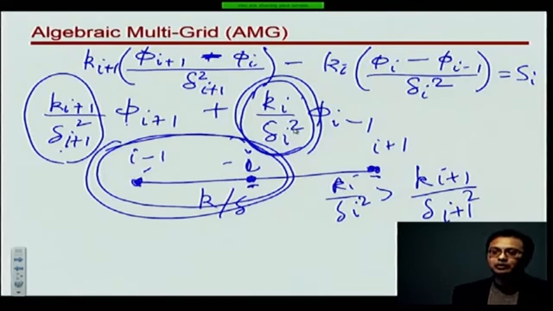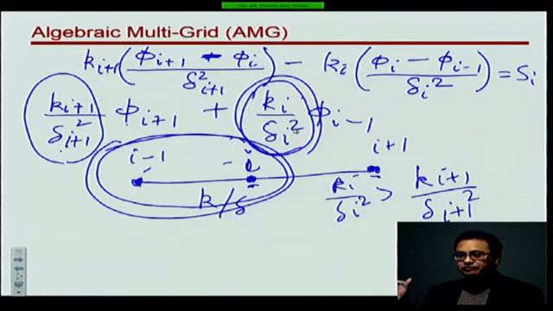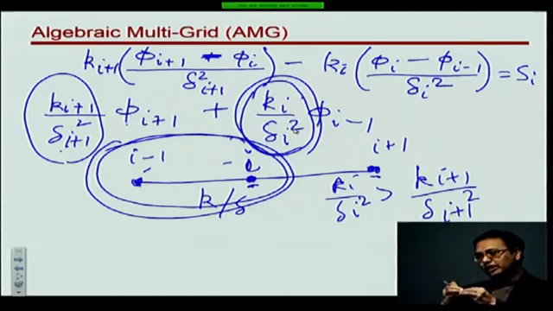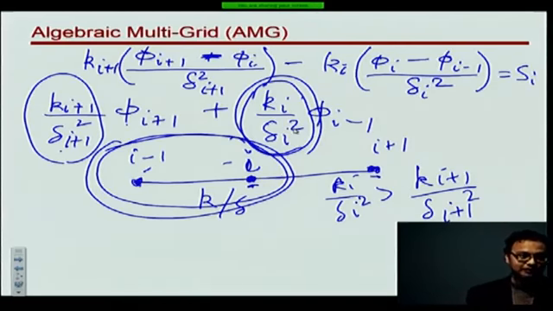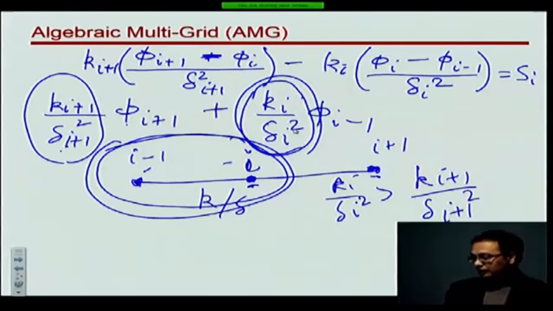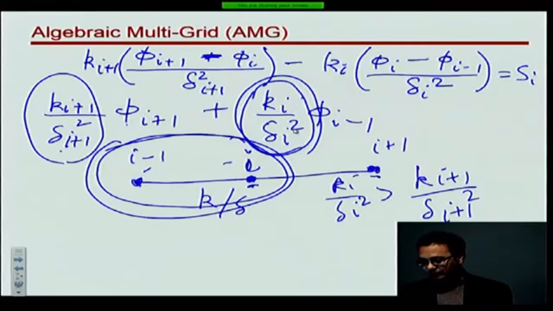So the whole strategy of which equations to agglomerate depends on the strength of these link coefficients, because they tell you how strongly bonded two adjacent nodes or control volumes are, whichever way you look at it. There are two ways to do it. One is to look at large k.